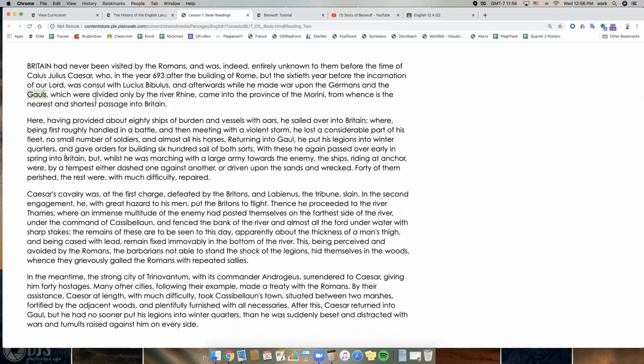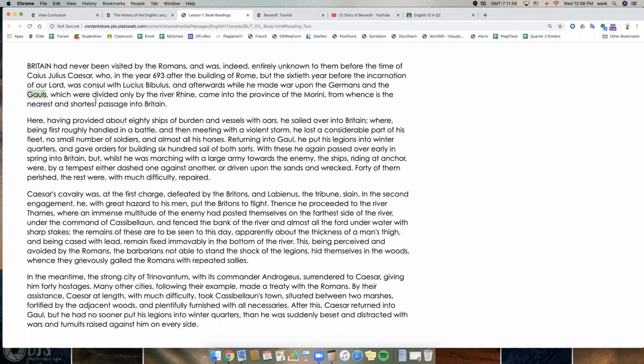With these, he again passed over early in spring into Britain, but whilst he was marching with a large army toward the enemy, the ships riding at anchor were, by a tempest, which is like a really big storm, either dashed one against another or driven upon the sands and wrecked. 40 of them perished, the rest were, with much difficulty, repaired.